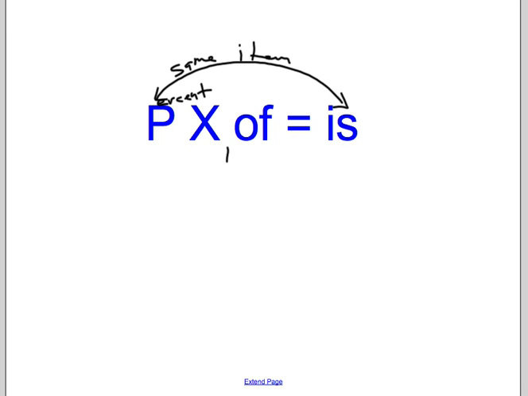Of is the total, or any of those other key ideas: beginning number, original number, starting number, first event in time, second event, and then is our result or our part, or the second event in time.